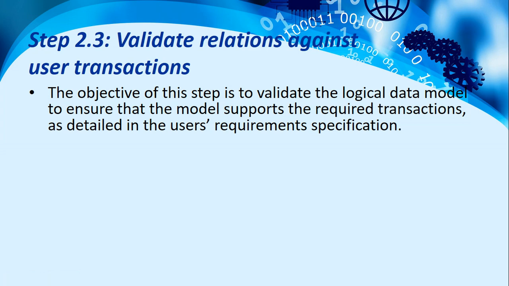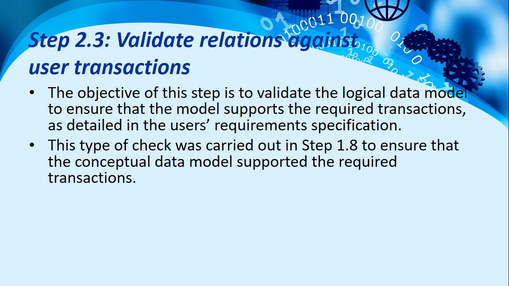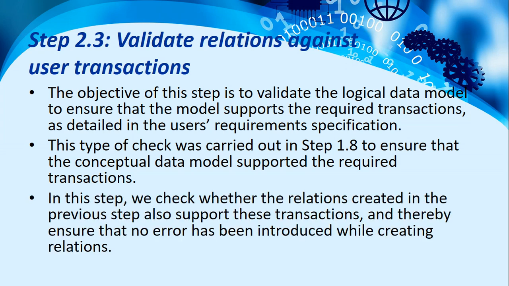We check whether our logical data model supports the required transactions. This type of check was carried out in step 1.8 to ensure that the conceptual data model supported the required transactions. In this step, we check whether the relations created in the previous step, step 2.1, also support these transactions, and thereby ensure that no error has been introduced while creating relations.